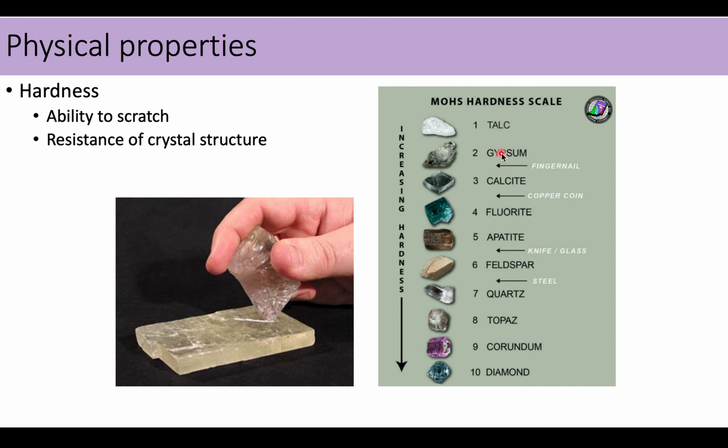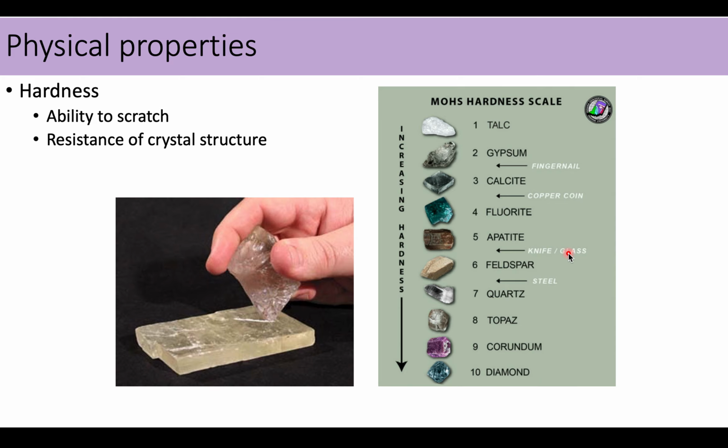If you take another mineral sample and you cannot scratch it with your fingernail, you know it's going to be harder than your fingernail. So the next thing you would do is scratch it with your coin. It also cannot be scratched by a copper coin, so you know it is harder than a copper coin. Then you scratch it with a piece of glass, and the mineral can be scratched by glass.